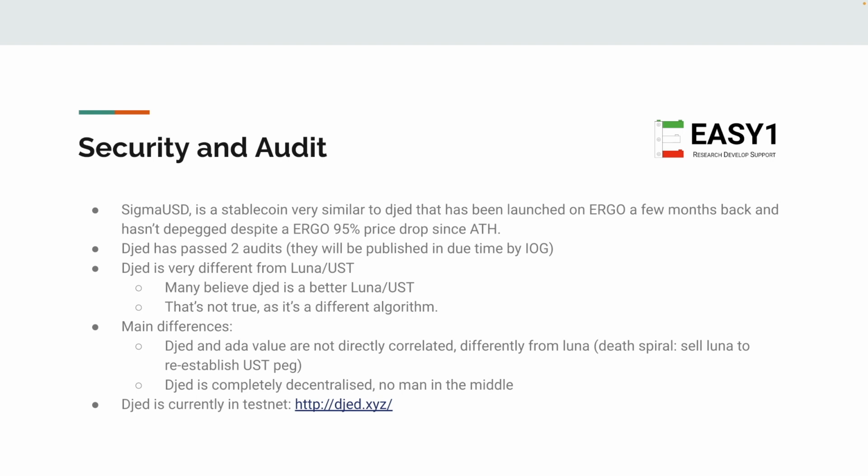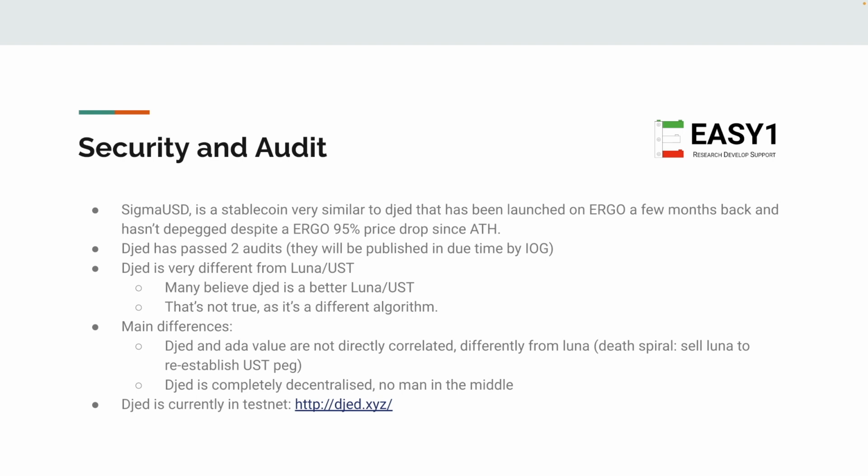Most importantly, the main difference is that Djed and the ADA value are not directly correlated. And this is very different from what happened with Luna, because with Luna we saw a so-called death spiral. As USD was starting to depeg, that is actually part of the perks of the Luna USD thing.